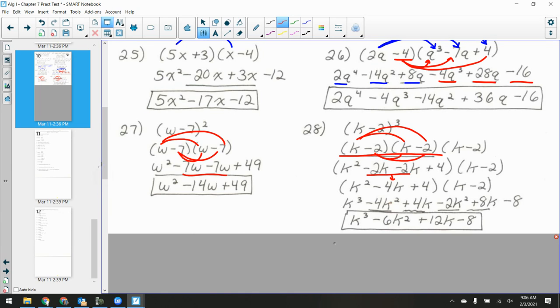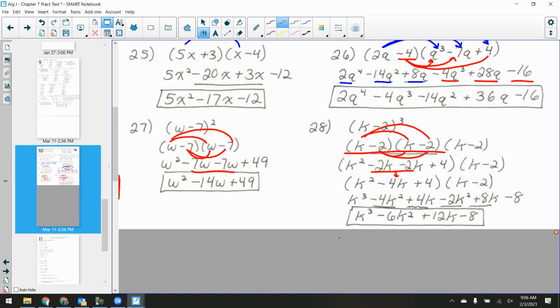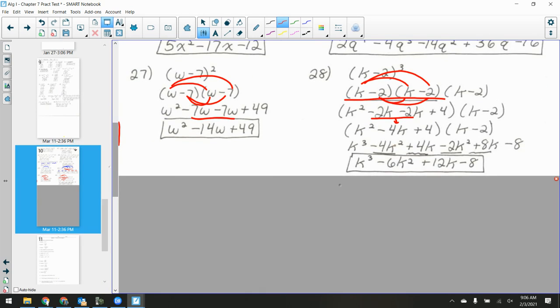And then you use the distributive property. We've got k to the third minus 4k plus 4k squared plus 4k, and then minus 2k squared plus 8k minus 8. In the end, k to the third minus 6k squared plus 12k minus 8.